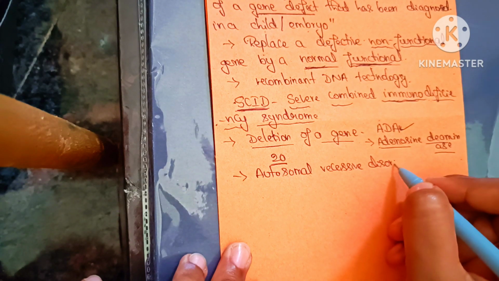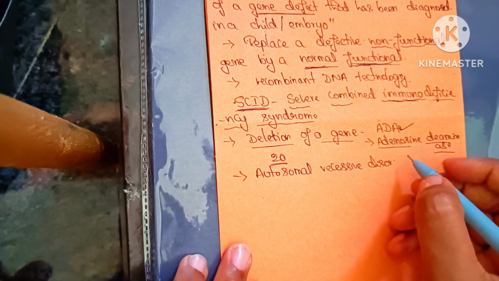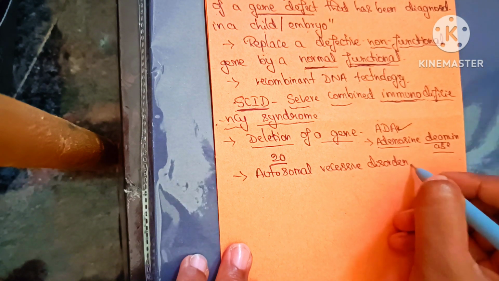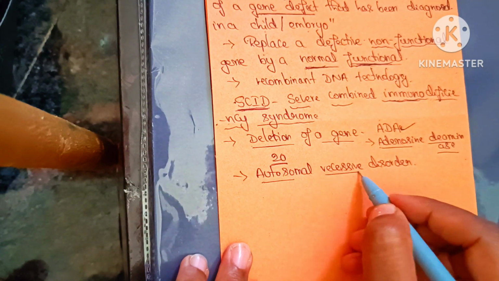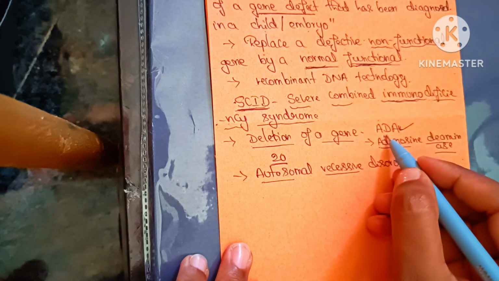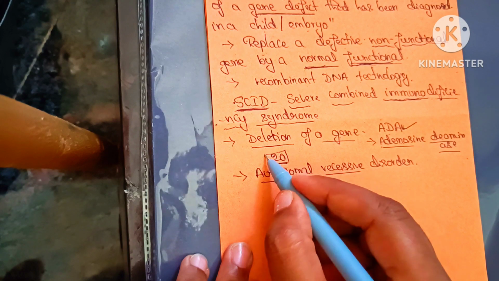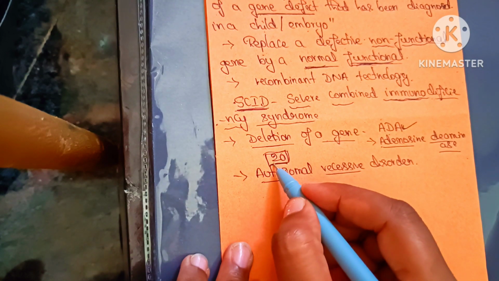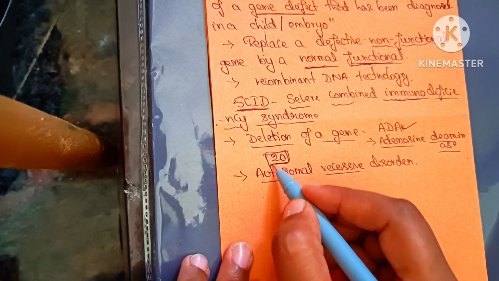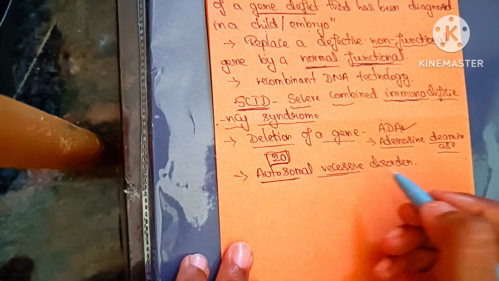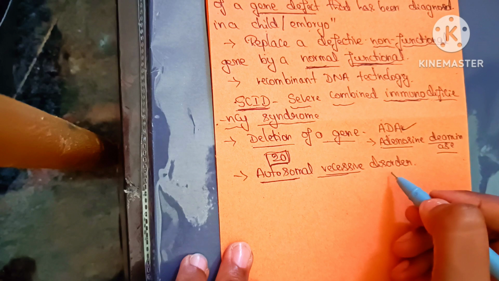This you can expect in competitive exams. So remember this always: the gene coding for ADA, that is adenosine deaminase, is present on chromosome number 20. Chromosome number 20 is an autosome, so this disorder is also referred to as an autosomal recessive disorder.